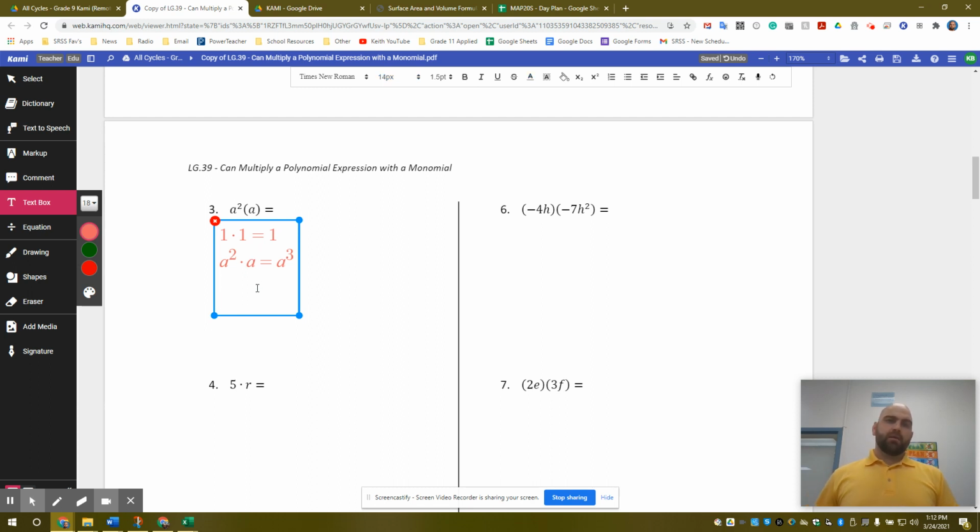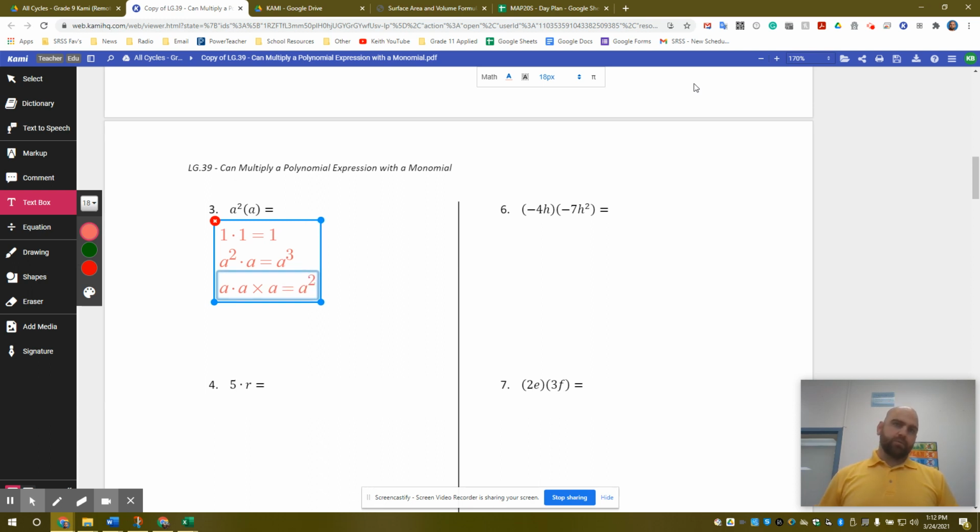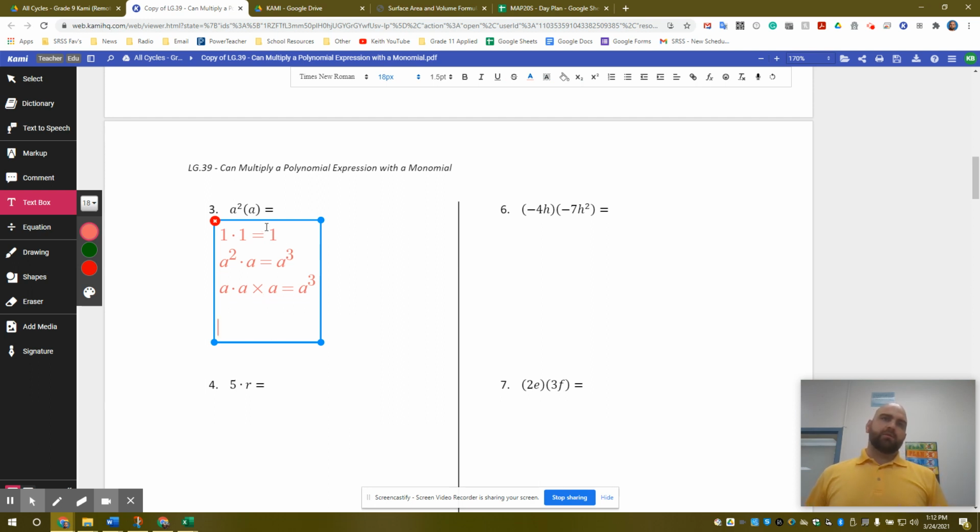We could also think of this as a squared is a times a, and then we're multiplying it to a, right? Now there's 3 a's. So we can think of it that way as well. Now our final answer is going to be the 1 and the a cubed.